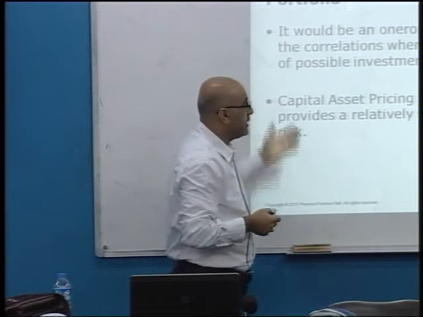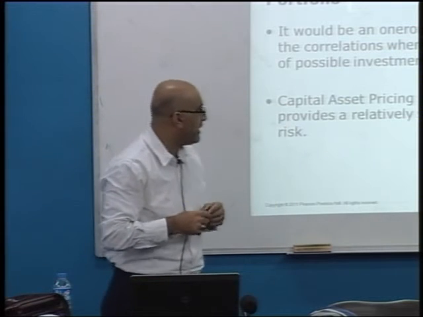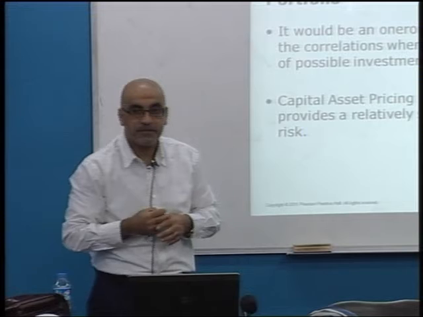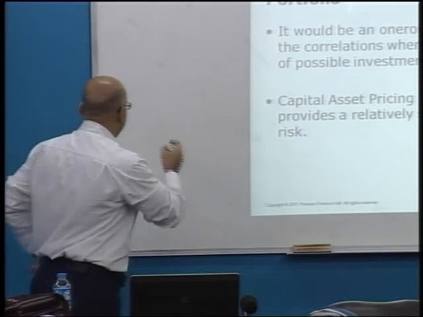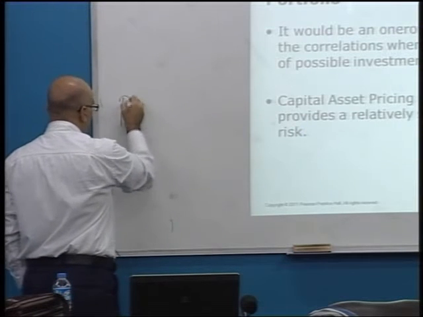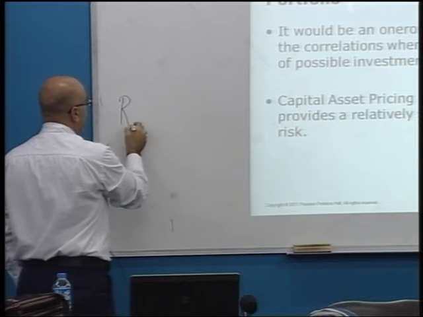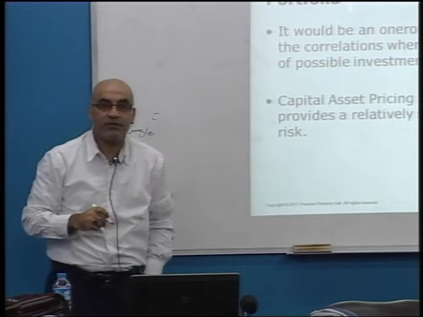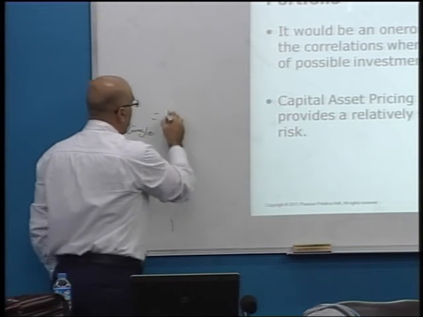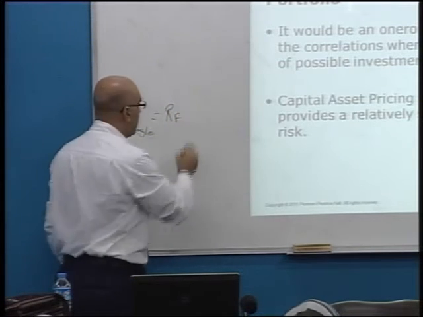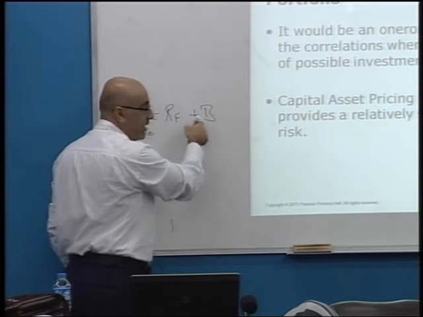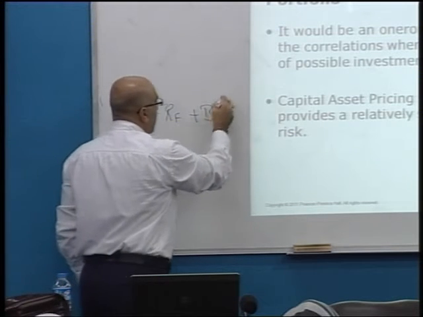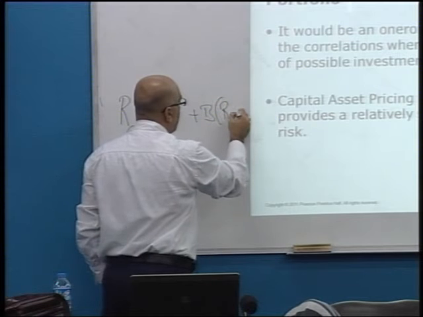Capital asset pricing model, the CAPM, provides a relatively simple measure of risk. The CAPM measures R, let's say of Google. The return of Google is a function of RF, risk-free, plus beta, I explained what it means, beta, times RM minus RF.